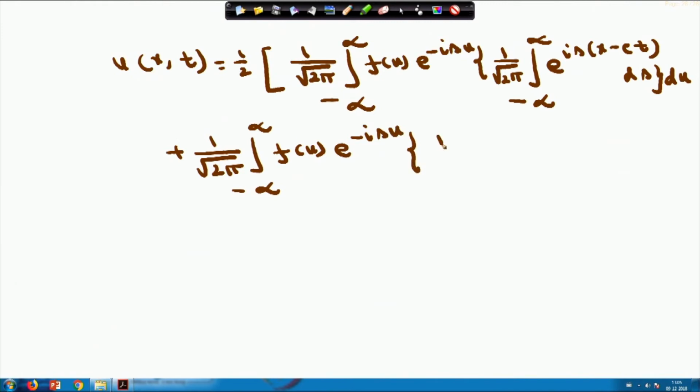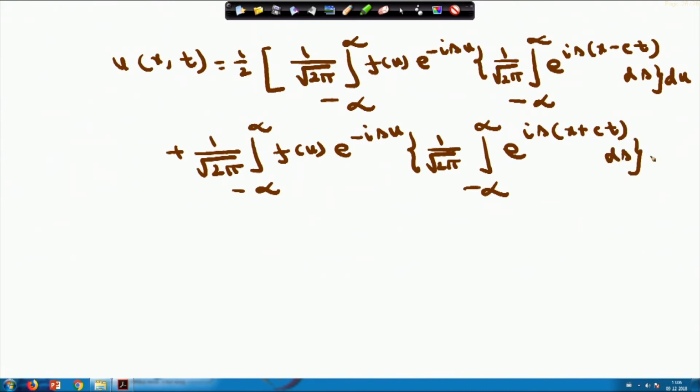This term will remain the same, only the e power term will be changing: e power I s into x plus c t will come, because from the earlier one you can check, just by combining I can obtain these two terms, into d s into d u.